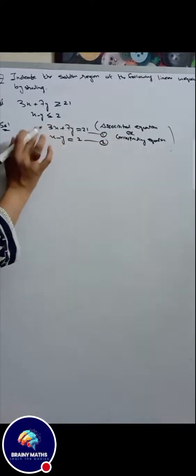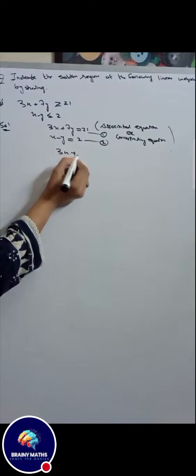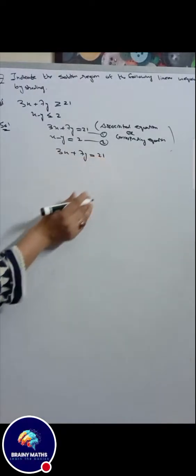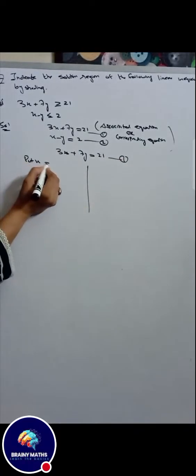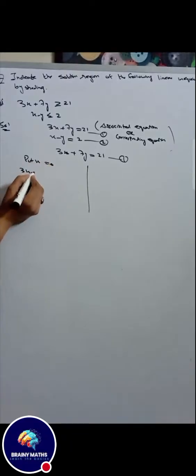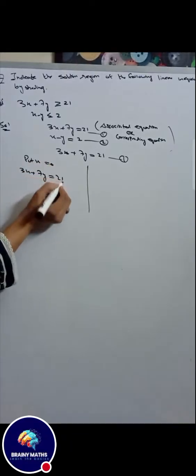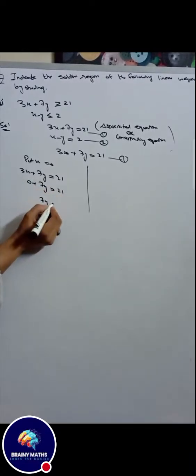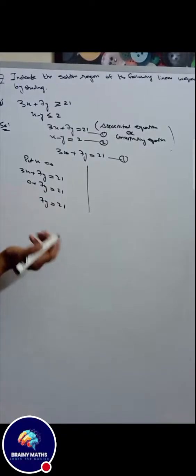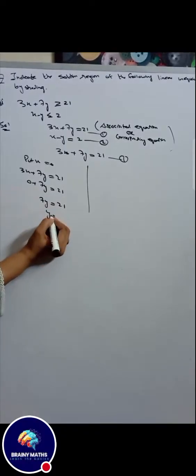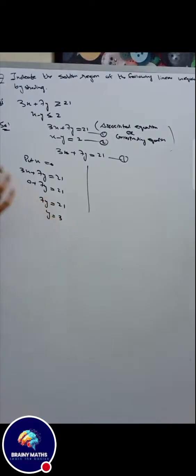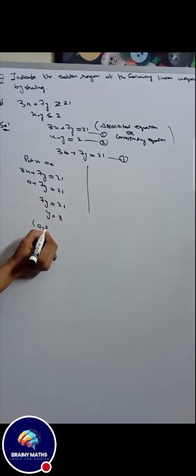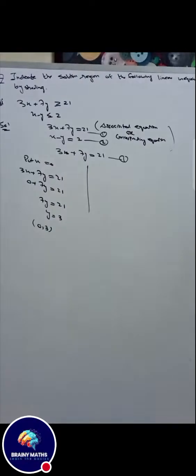Clear? First we solve the first one, that is 3x + 7y = 21. Now, question number 1. Put x equal to 0. So what does it become? 0 + 7y = 21. 7y = 21, and y = 21 divided by 7. What is the answer? 3. So what ordered pair appears here? 0 and 3. X is 0, y is 3.